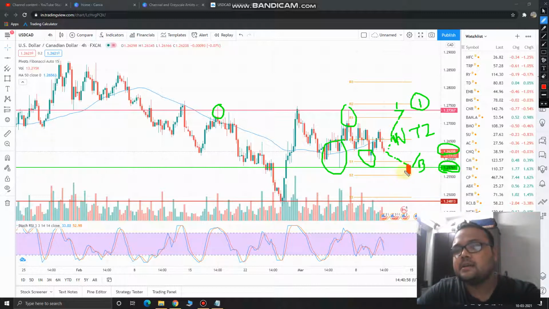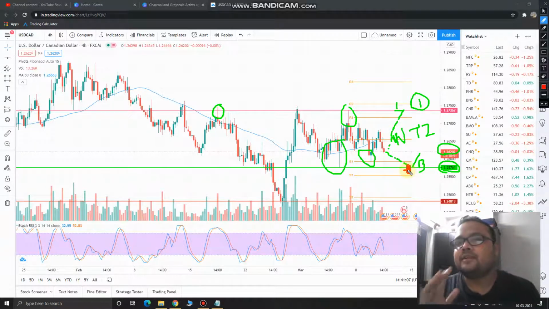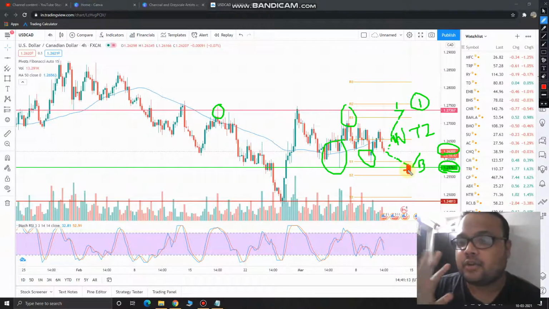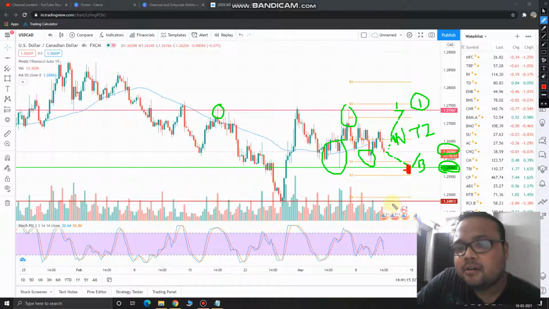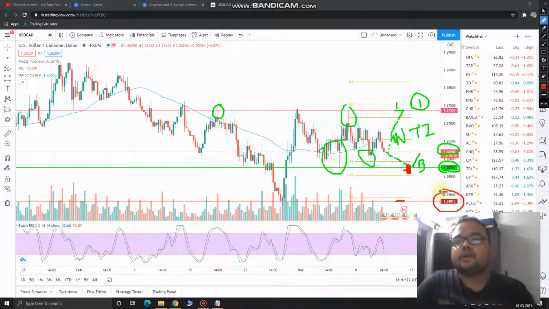In that case, just again wait for 1 hour. Let the support become the resistance. Just wait for 1 hour to get the confirmation that really the sellers are in control right now. Once you get the confirmation, you can short the market here for a target of 1.2481.